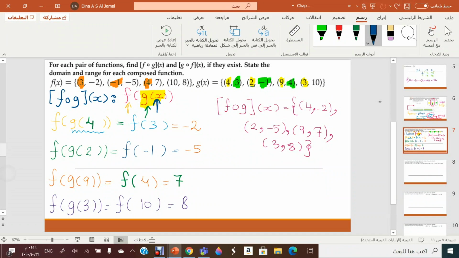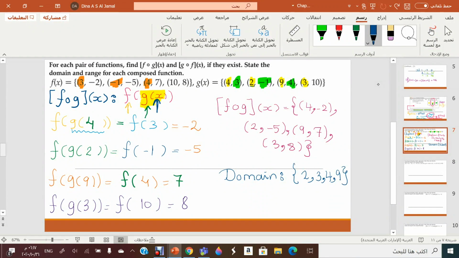So if I would like to take the domain, it is all the x values. So let's put them in order from the smallest until the biggest. 2, 3, 4, and 9.